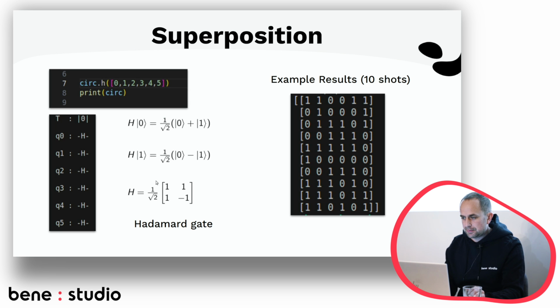Let's check out the slide here. So the Hadamard gate, the 1 divided by square root 2 means that the probability of 0 and 1 will be 50%, because we need to square the coefficient to get the probability of the outcome.